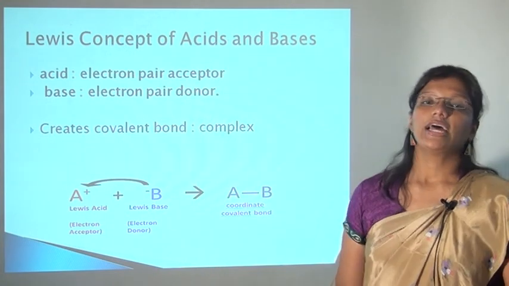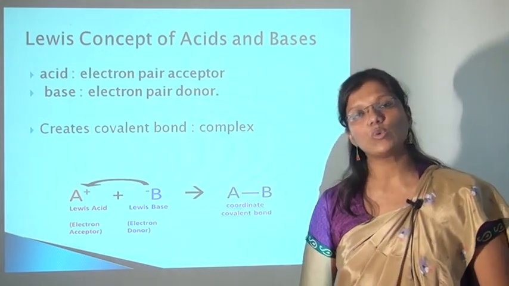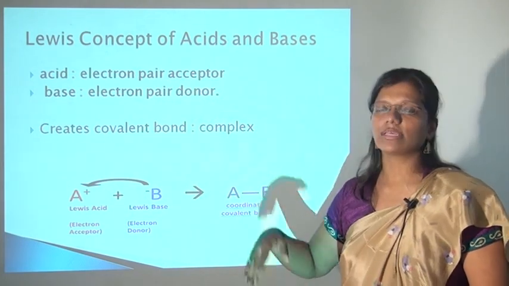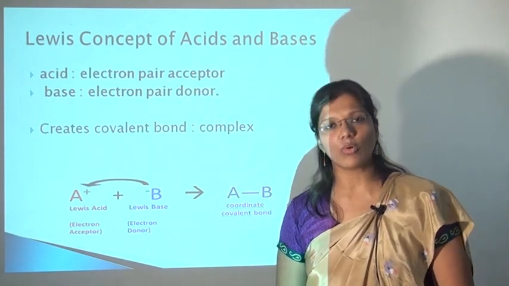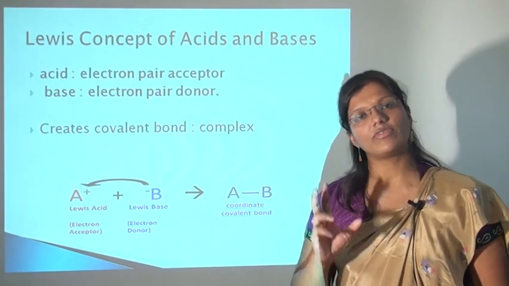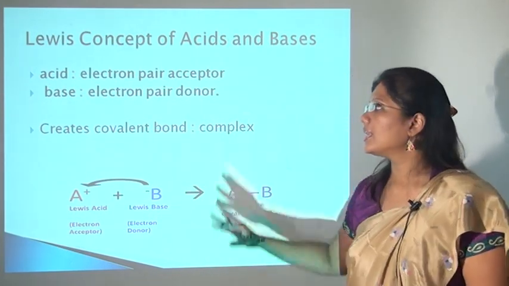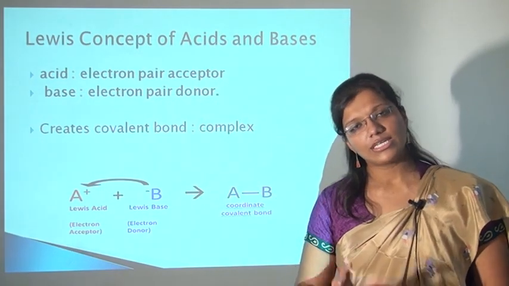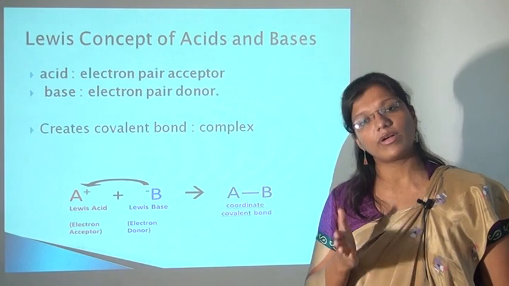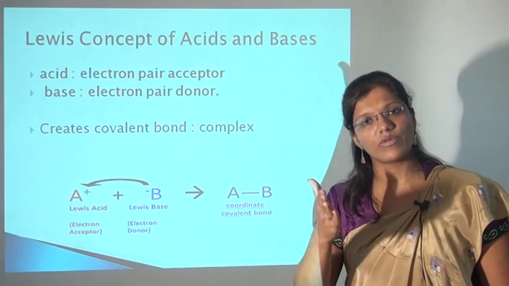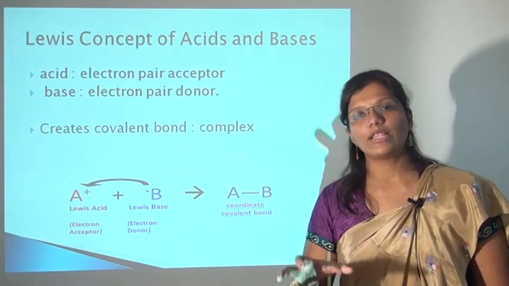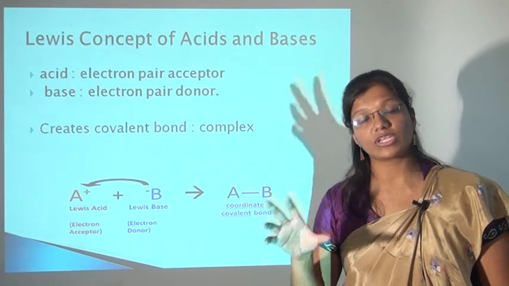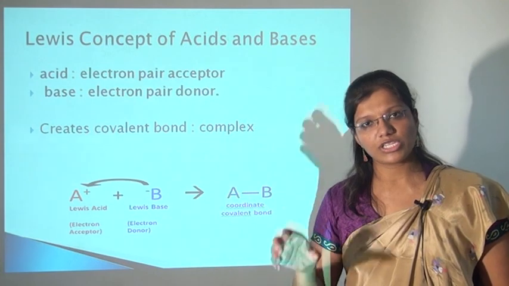Now the third concept is the Lewis concept of acid and base. According to the Lewis concept, Lewis the scientist formed one concept to give the definitions of acid and base. In the first one, we take the example of a compound dissolved in water, that is an aqueous solution, where the whole reaction occurs.